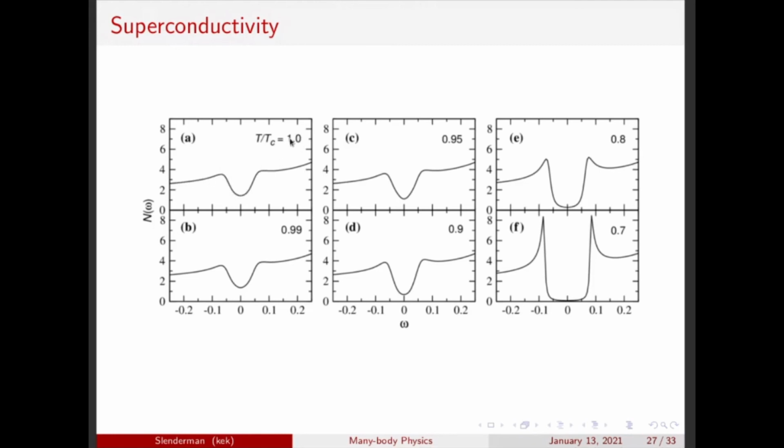As you lower the temperature, so going down and up to the right, this dip gets larger and larger until you get far enough below the transition temperature that this turns into a full-on gap in the density of states. And what this is telling you is that all of the electrons within this energy range, say negative 0.1 to 0.1, are basically paired up into Cooper pairs in the solid.